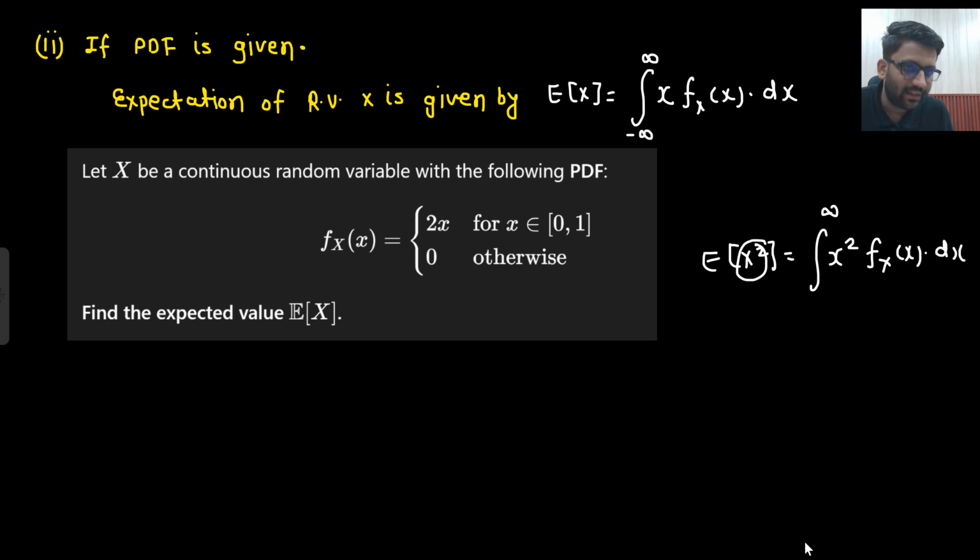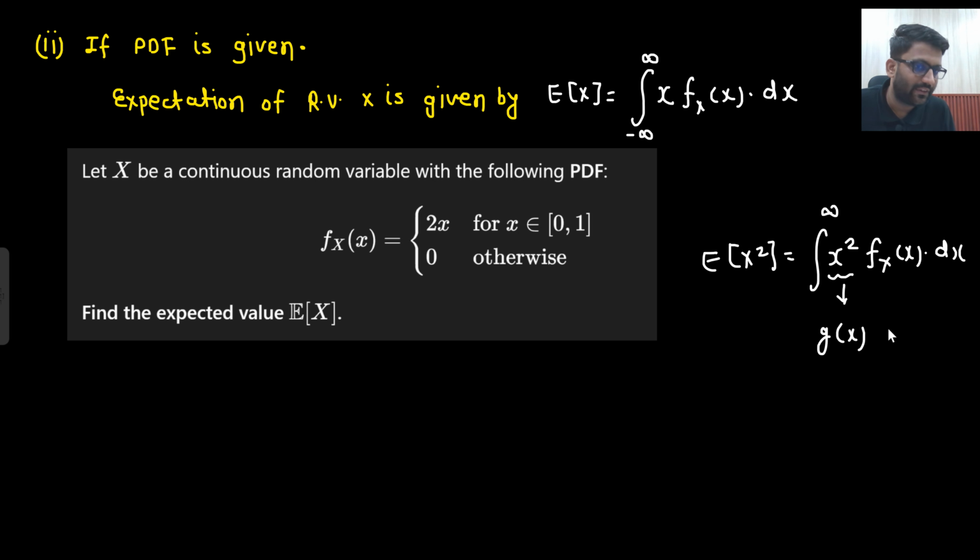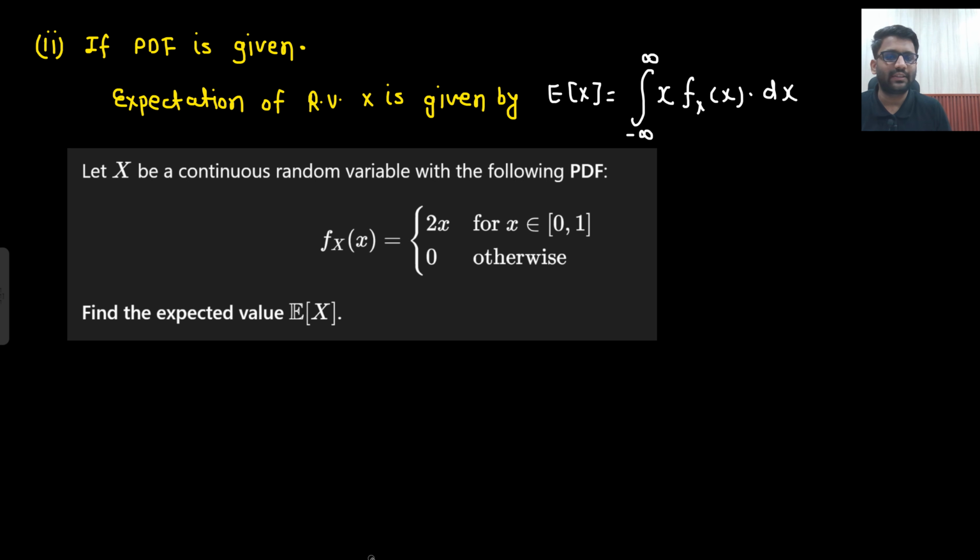Whatever is inside, it will make it small, and this is a function of x, so let's write it as g. Since this is a function of x, the PDF of x will come here. If this was a function of y, the PDF of y will come. If this was a function of z, the PDF of z would come. Is that clear to you? We will see all these examples. So this is our expectation.